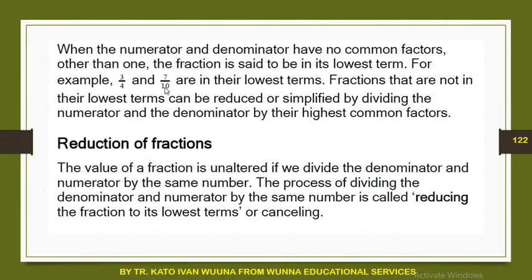When you divide 9 by 3, you get 3. When you divide 12 by 3, you get 4. Meaning we can reduce 9 over 12 to 3 over 4. So we shall always reduce fractions that are not in their lowest terms.